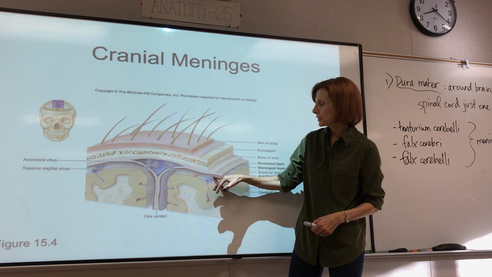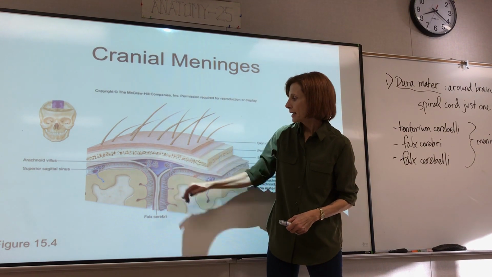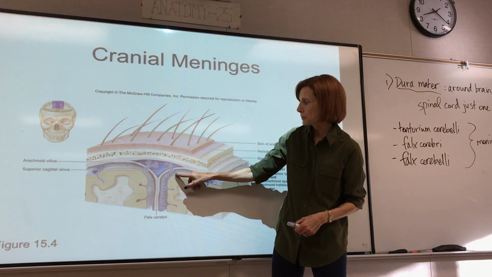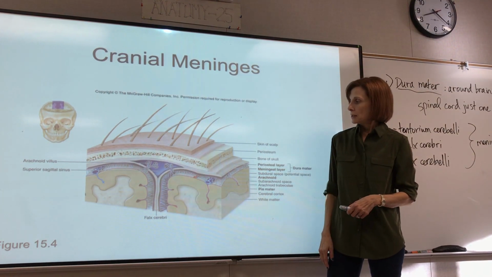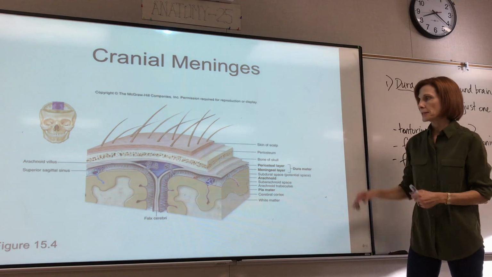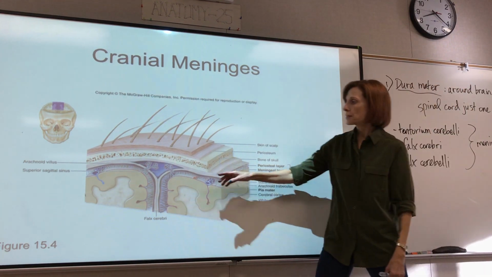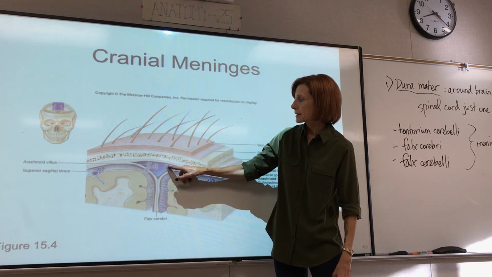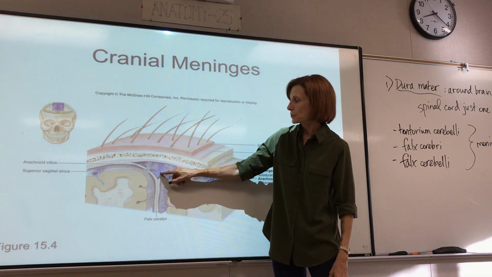Okay, the pink layer here is the arachnoid, and then this deepest layer, the one that follows the brain surface, is the pia mater. Okay, so you can also see them in this view. And notice here the arachnoid forming these little flower-like structures sticking up into the superior sagittal sinus here.